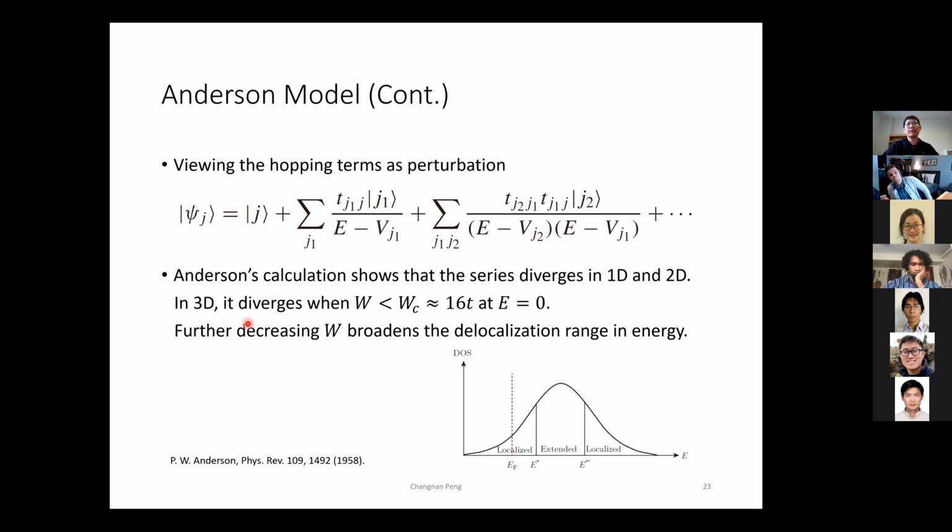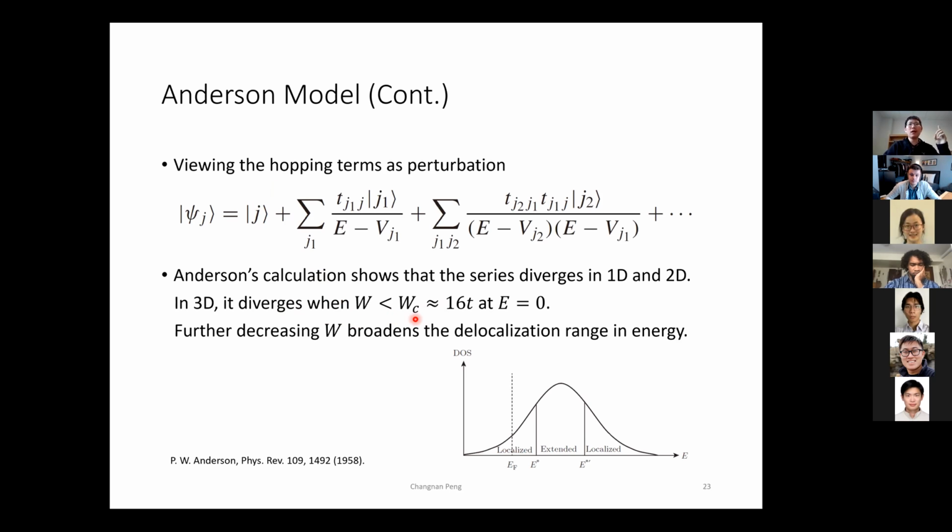And in 3D, there is a critical value of disorder. Below that, the series diverges, so our on-site wave function approximation is no longer valid, and we go into the extended state regime.